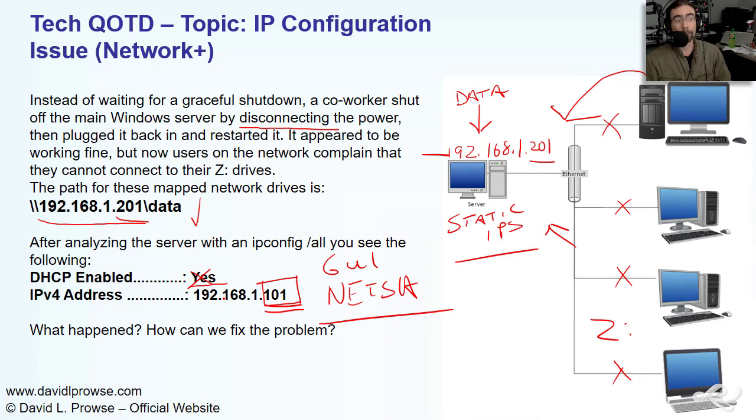And to prevent the problem in the future, a couple things we can do. One, we could put a lock on the server room door and make sure that nobody could get into that server. We can also put some cable locks on so it actually can't be disconnected power-wise. And make sure we know who has access to the server room.